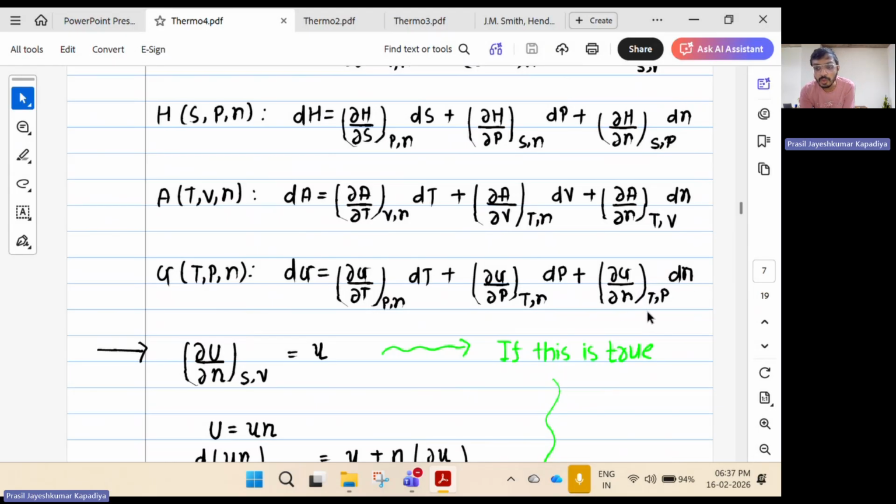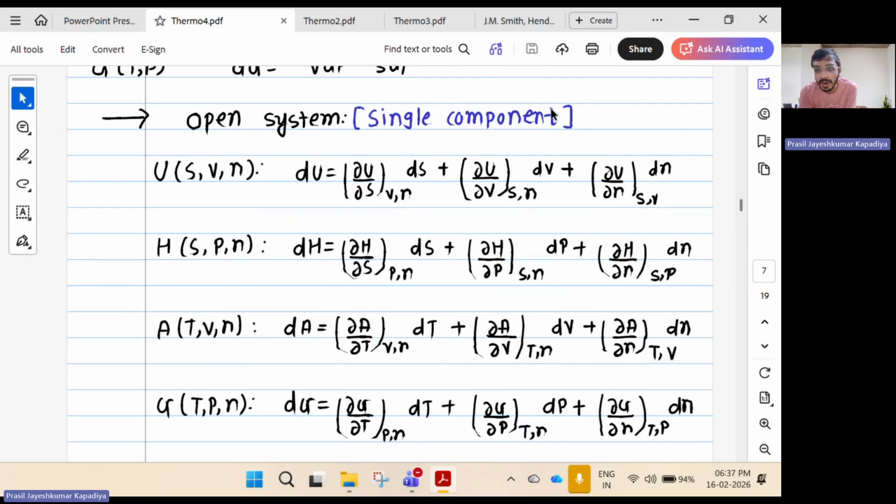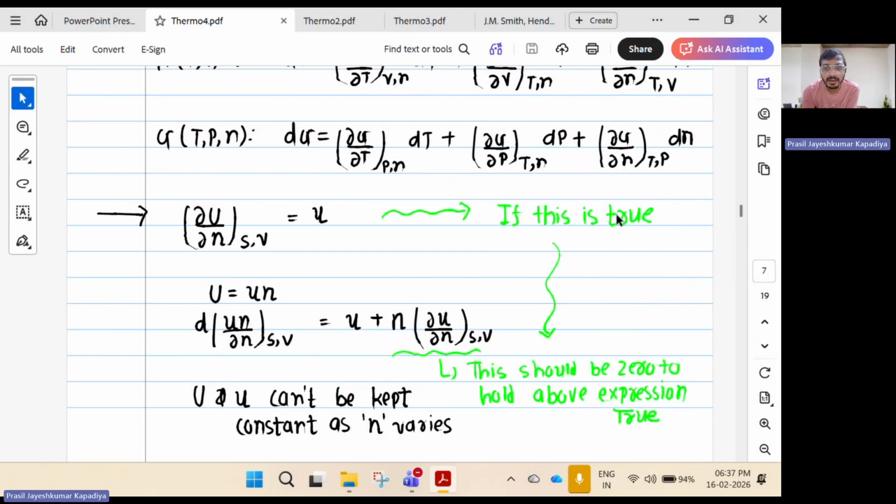Okay. So now let's say I am saying that ∂U/∂N is u. Let's say this is my partial molar quantity. Let's say ∂U/∂N at constant S, V is my u. But what I can write down is U as u into N, where N is mole.